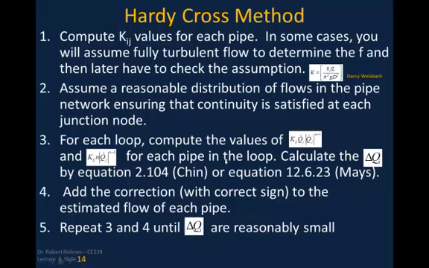If it's in the counterclockwise direction, it's a negative Q hat. I'm also going to calculate the K values times 2, in this case for Darcy-Weisbach, times the assumed Q to the first power, because n is equal to 2 for each pipe in the loop. And then I'm going to calculate the delta Q.